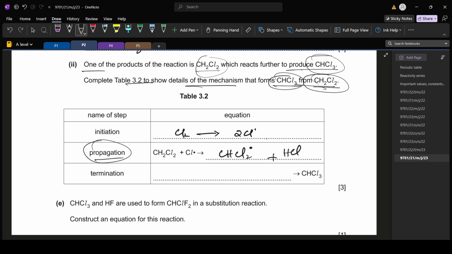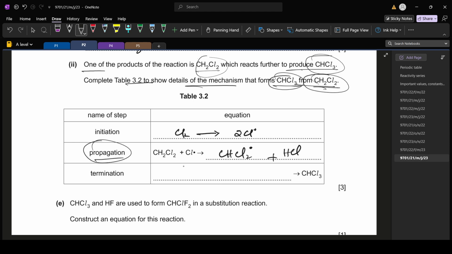In the propagation step, the reactants and products both have a radical. In the initiation reaction, only the products have radicals, and in the termination reaction, both of the reactants have radicals and the product will not have a radical.